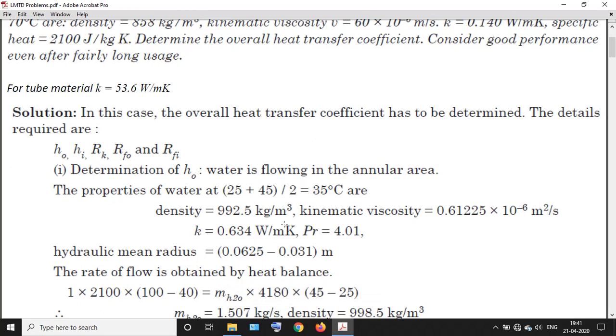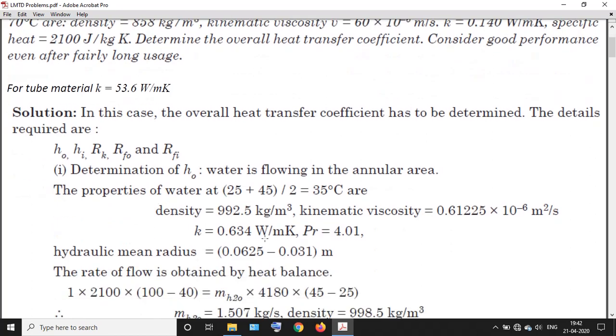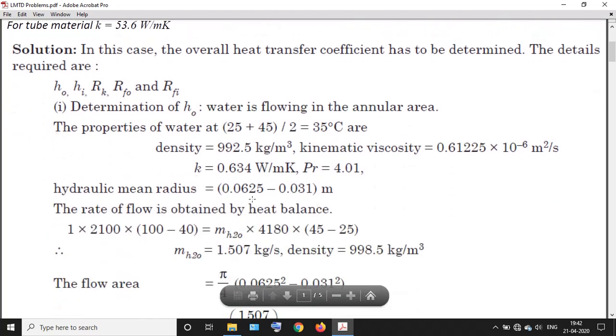To find the inner diameter, we have the inner diameter of the inside pipe is 25 mm, and they have given that the thickness of the pipe is 3 mm. So there is thickness on the top and bottom. So the outer diameter of the inner pipe will be 25 plus 6, which is 31 mm. Hence our hydraulic mean diameter will be obtained as 0.0625 minus 0.031 meter.